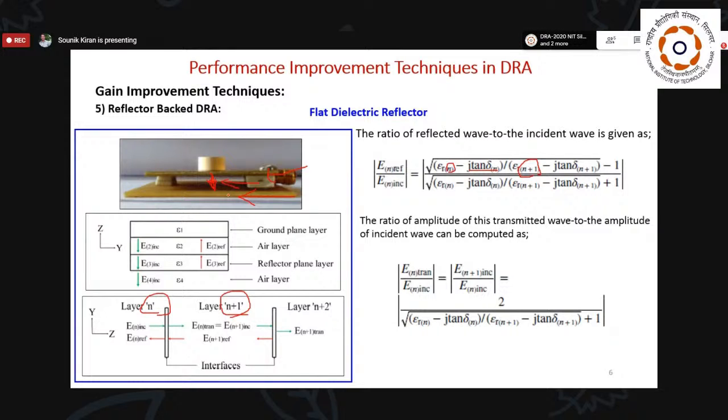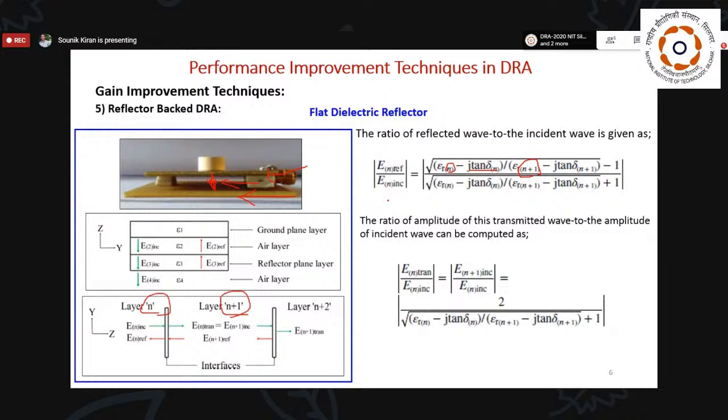In this particular case, as it was our student project, we thought about going for the normally available material, that is FR4, and its loss tangent comes around 0.04. Then we put in all this information: whatever the epsilon r is, and for the next layer, what the relative permittivity is.